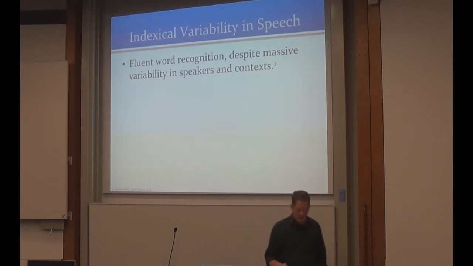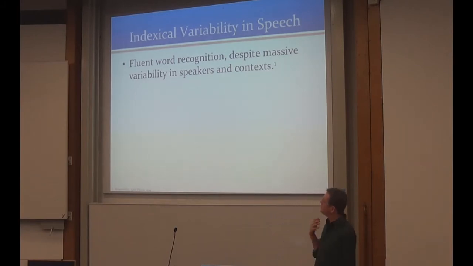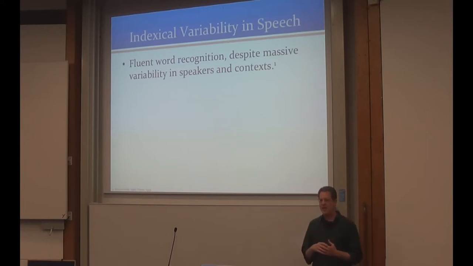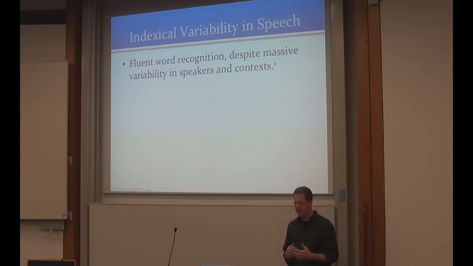So the challenge is that fluent word perception, especially in connected speech like now, word recognition is fast, robust, and undeniably linguistic. You're activating linguistic knowledge, despite massive variability in the way people speak.